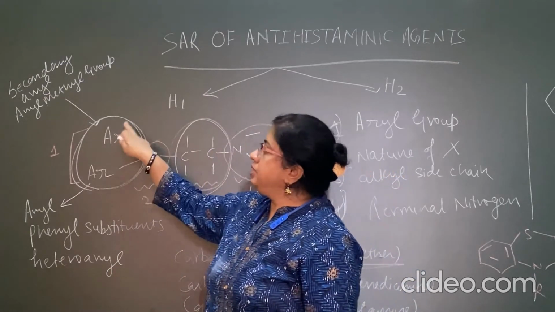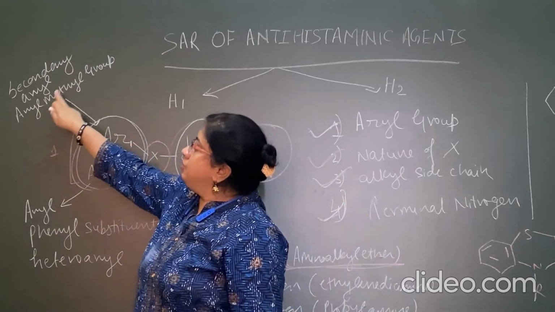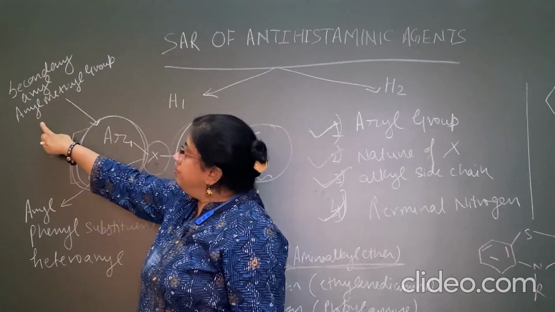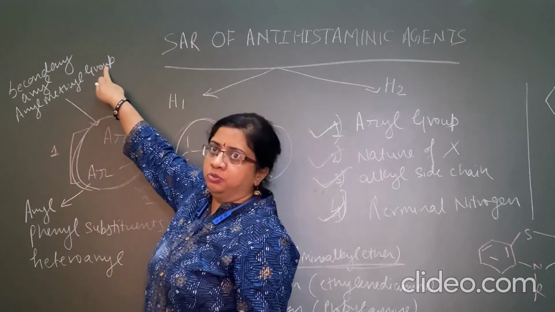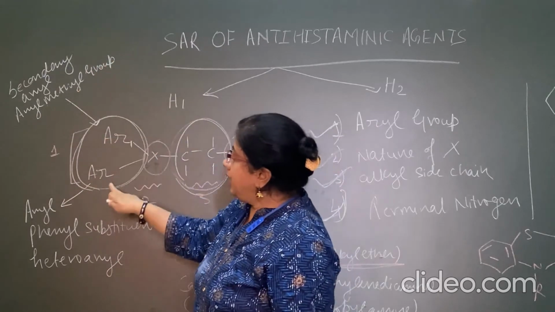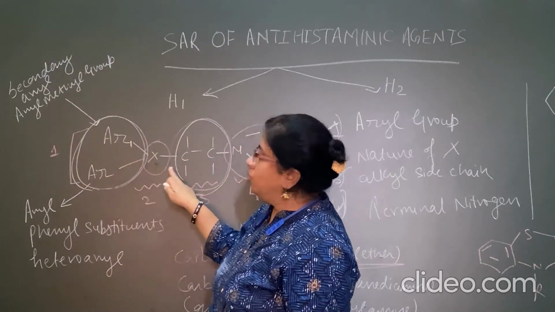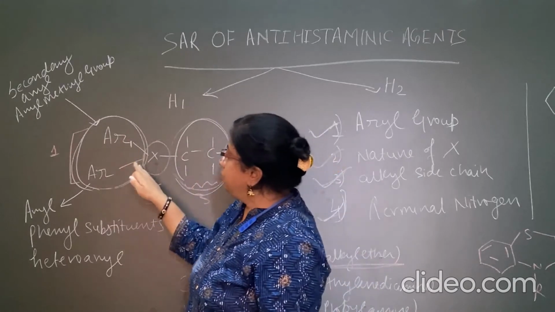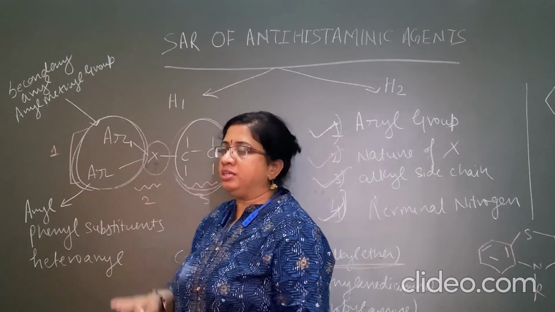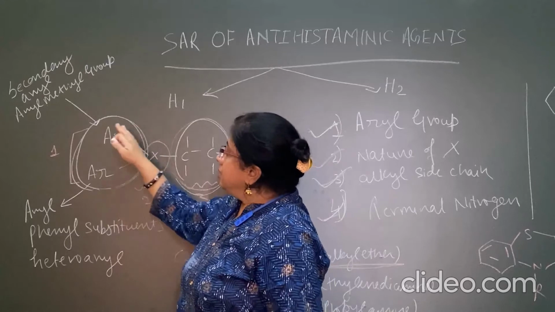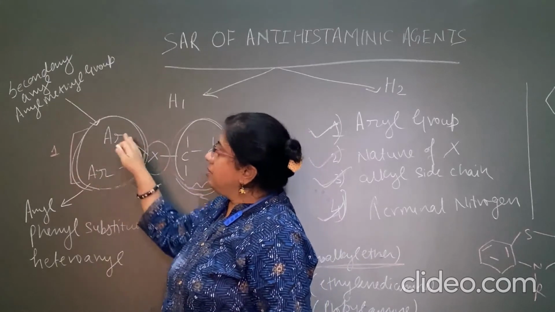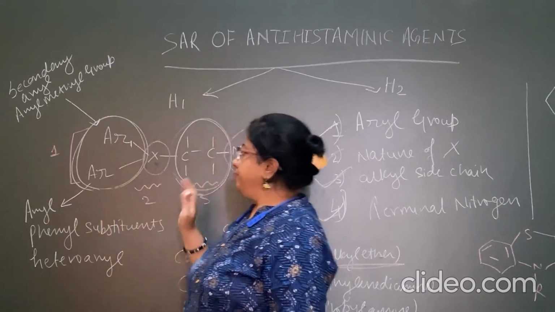Another aryl group may be a secondary aryl group or an aryl methyl group. These two aryl groups must not be coplanar. It is required for the antihistaminic antagonistic activity.